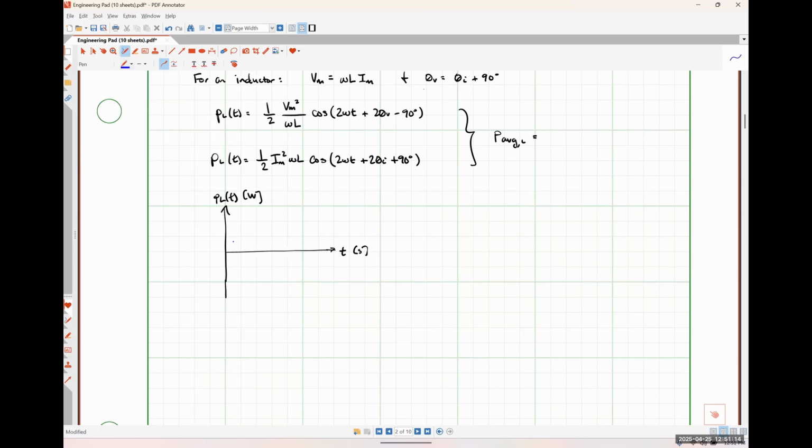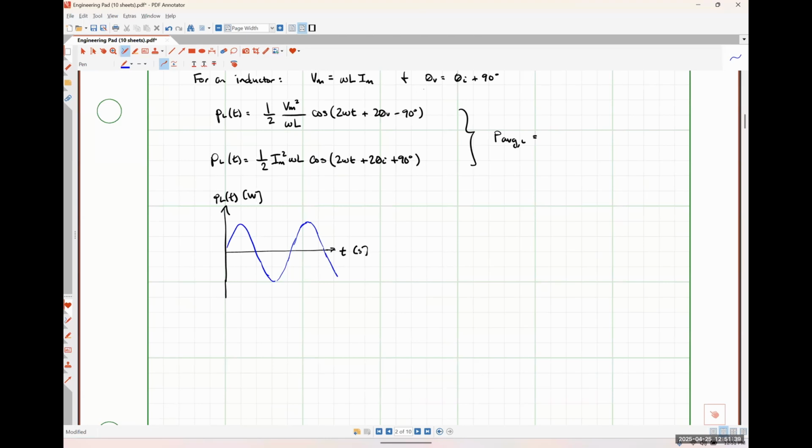And we would see some sort of wave shape that looks like this, where exactly half of the time our inductor is absorbing power and exactly half the time our inductor is supplying power back towards our source, right?